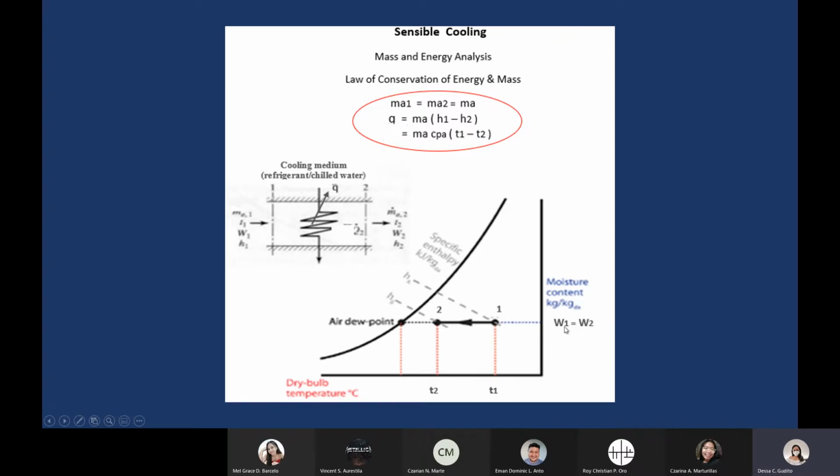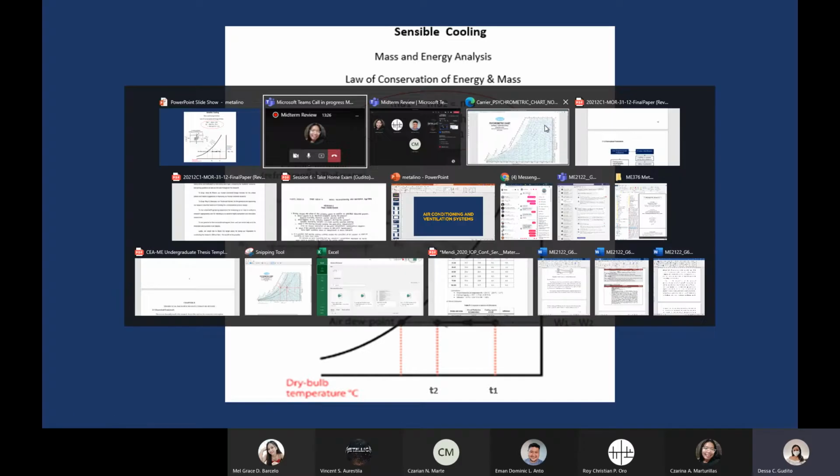The moisture content is equal, W1 equals W2, which is why it is a horizontal line, since in the psychrometric chart the horizontal line represents the moisture content and the vertical line is the dry bulb temperature. Let me show the psychrometric chart.